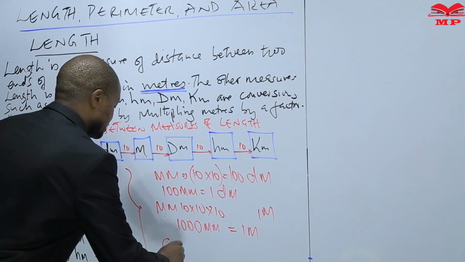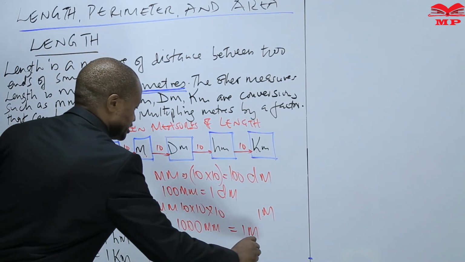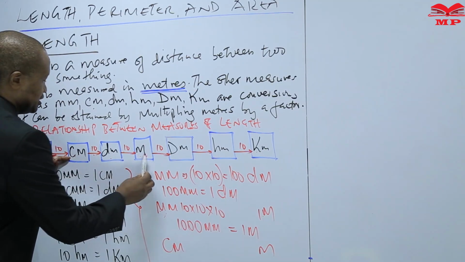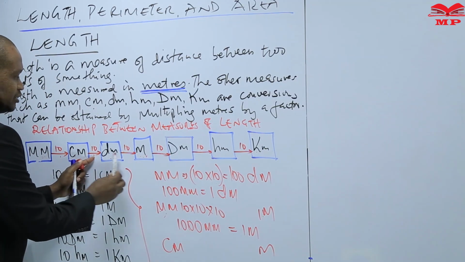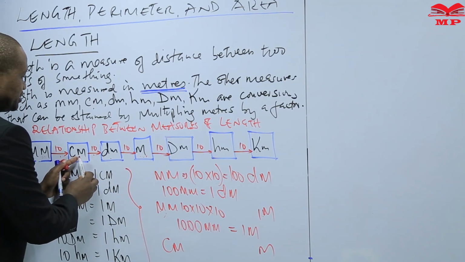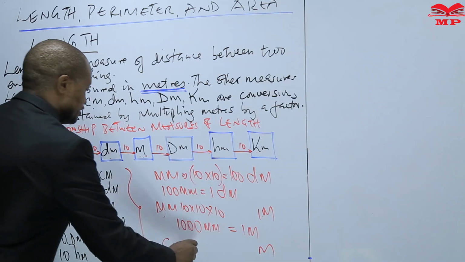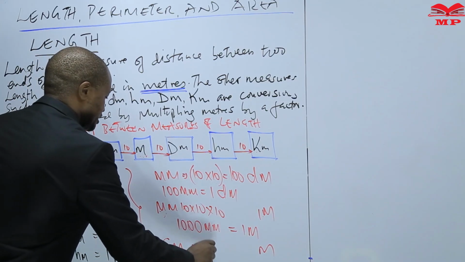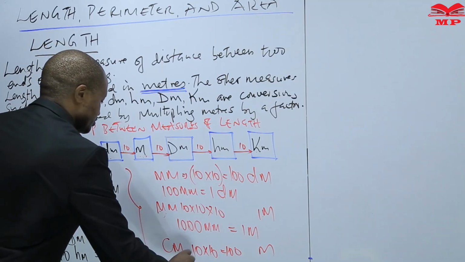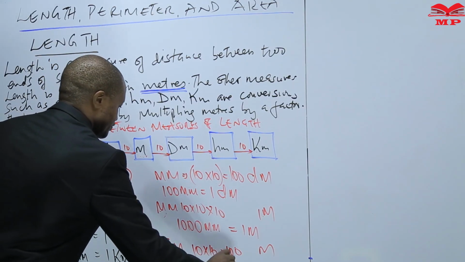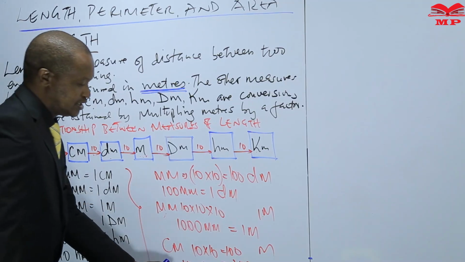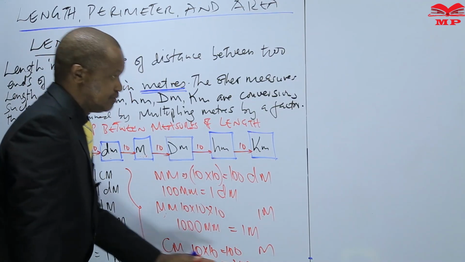Converting centimeters to meters, between centimeters and meters, we have 2 tens. So 10 times 10 being equal to 100. So 100 centimeters is equal to 1 meter.